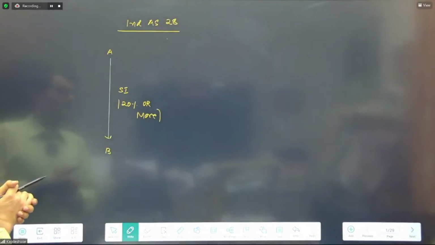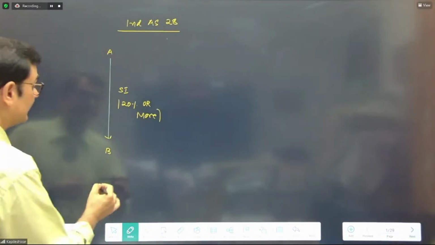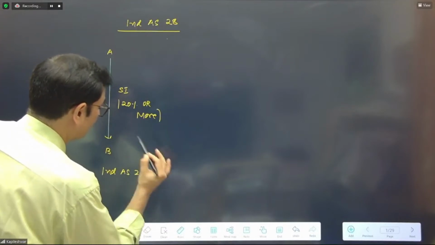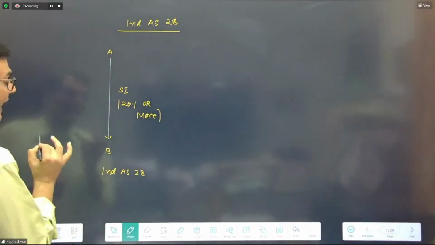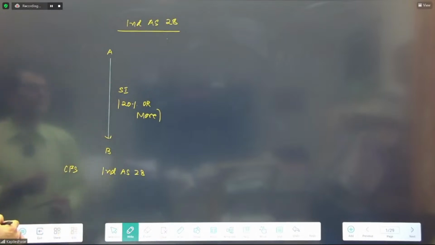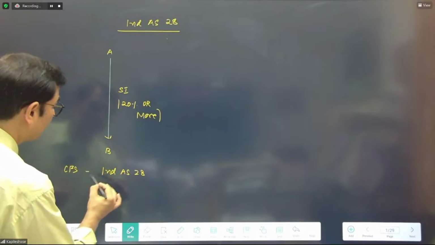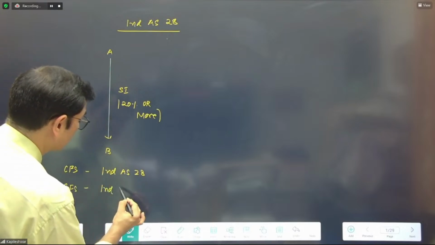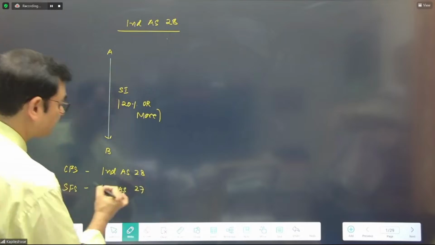So if A has got a significant influence, then we can say A is supposed to apply Ind AS 28. He would make the separate and consolidated financial statements. So in the consolidated financial statements of A, he would apply Ind AS 28, and in the separate financial statements, he would apply Ind AS 27.